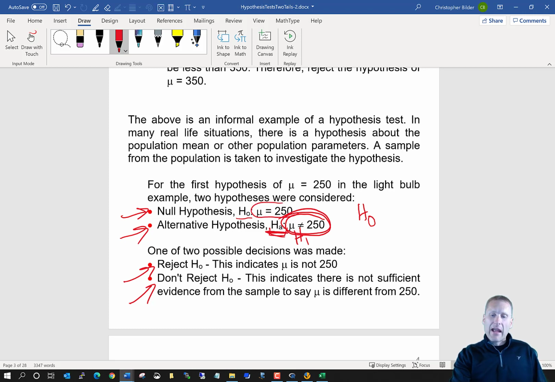However, I was never able to show that mu was equal to like 250, even if the interval contained 250. And so because of that, in your research, you want to show that your hypothesis is true. You always need to put that research hypothesis into HA so that you can show that it is true. And as you will see shortly, we can also assess a certain level of accuracy with it, just like what we saw originally with confidence intervals.